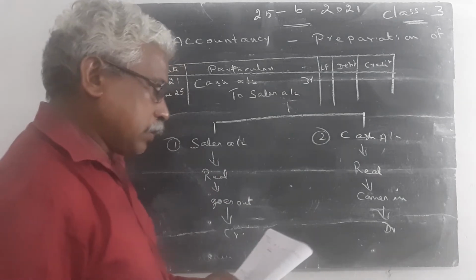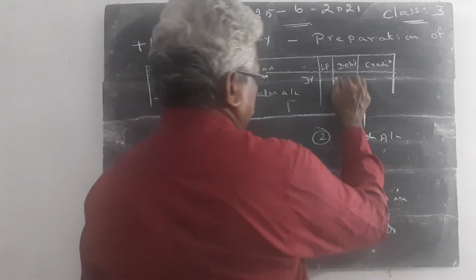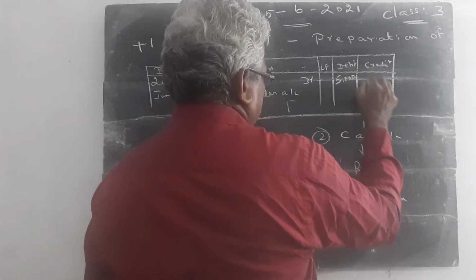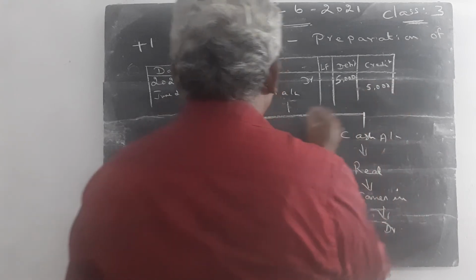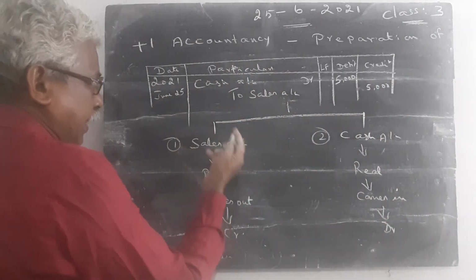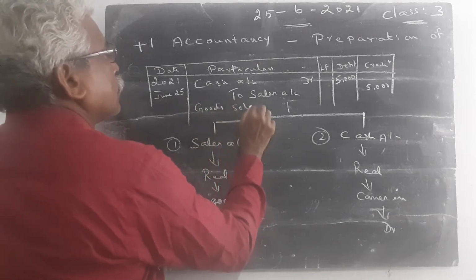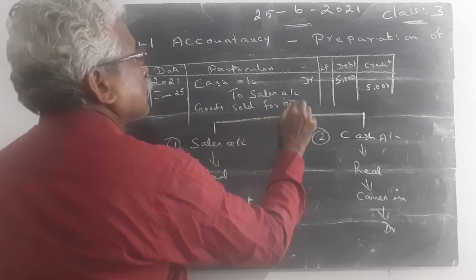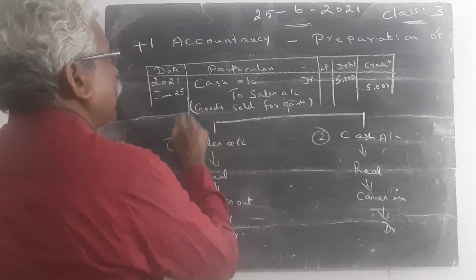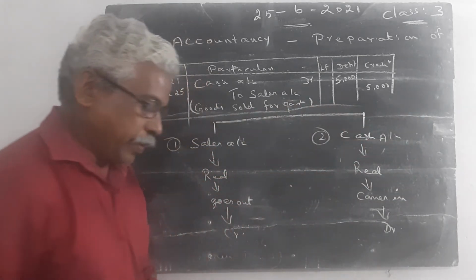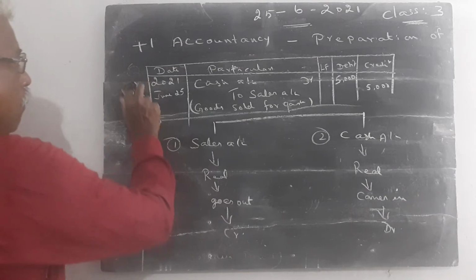The amount is 5,000. Goods sold for cash. The word Mahendran is not at all necessary. Then question number 11.